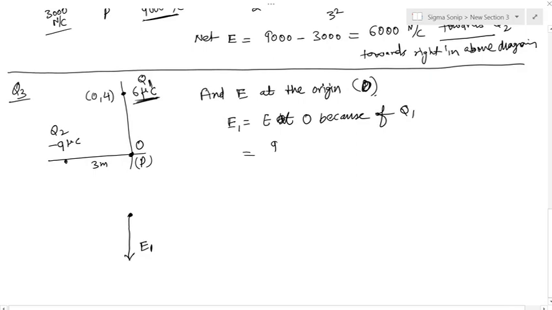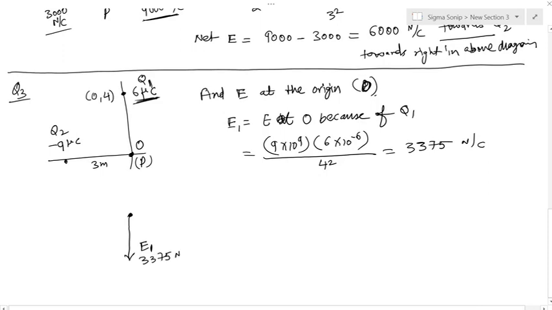K is the same, 9 times 10 to the 9. Q is my 6 microcoulomb divided by D, which is 4, so 4 squared, and that gives me an electric field intensity of 3375 Newton per Coulomb.